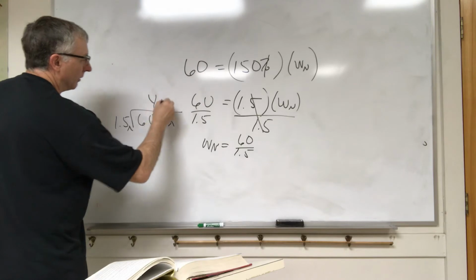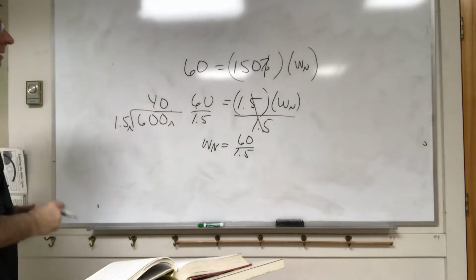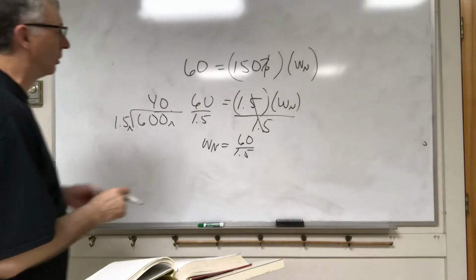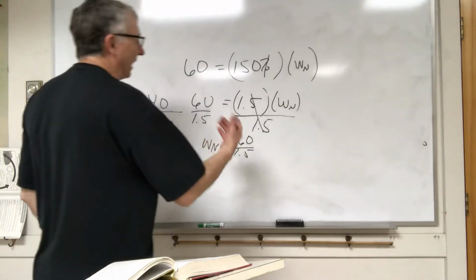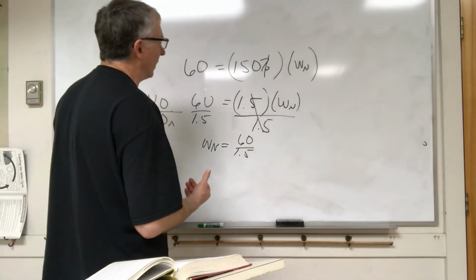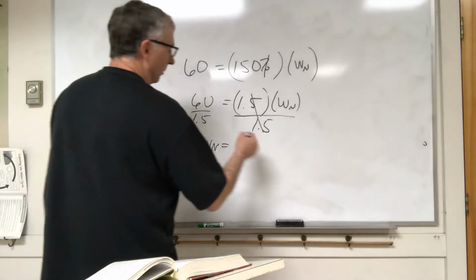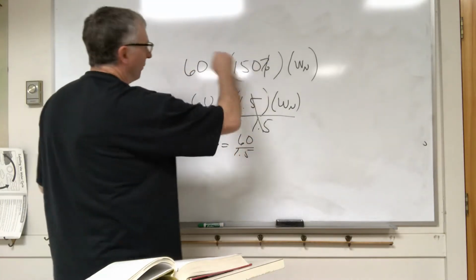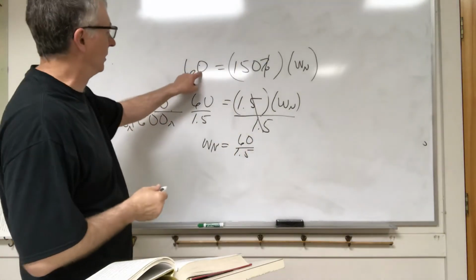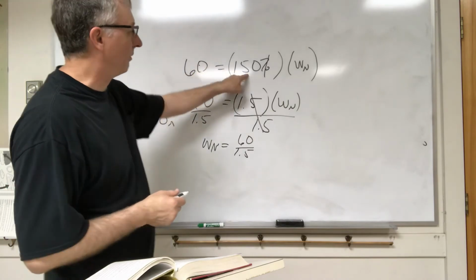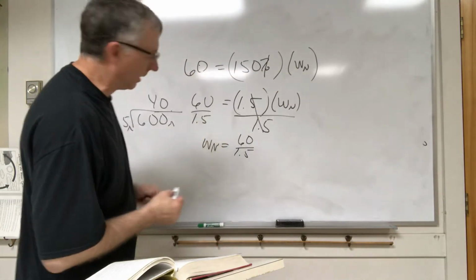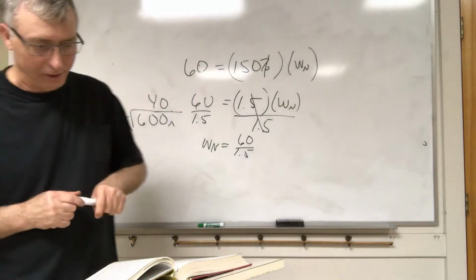And so this is going to be 40. And so my answer is going to be 40, because 40 times 1.5 is 60. This number here is 1.5 times that number. And so 40 is my answer.